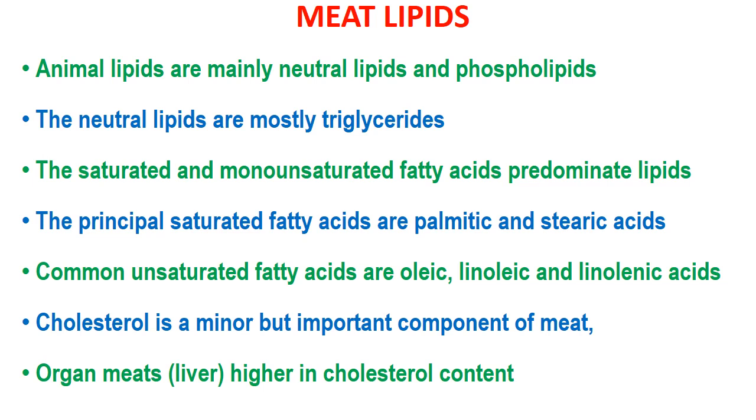Oleic is the only monounsaturated one, that is 16 carbon. Then linoleic is 18 carbon with 2 double bonds, and linolenic is 20 carbon and 3 double bonds. And then there is another type of lipid, cholesterol, which is a minor component but very important. Nowadays the cholesterol propaganda is going on against meat, which is not fully true, and the organ meats, especially liver, have more of this cholesterol.